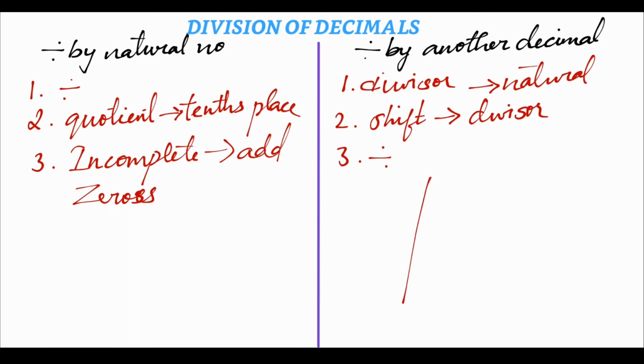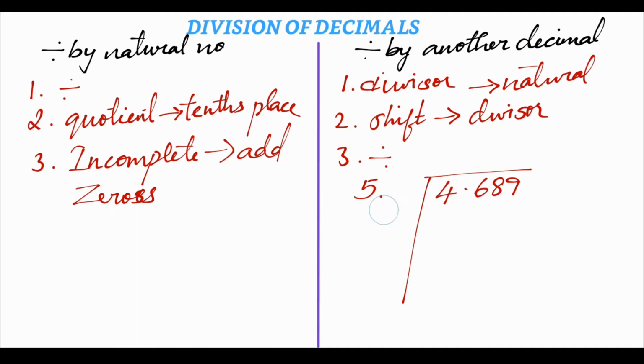So for example, if we have 5.3 divided by 4.689. So here you have a point in the divisor.